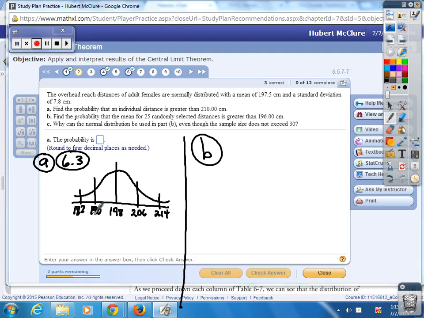All right, and they want to know what is the chances, find the probability that individual distance is what? And that's the RHS, which is what? The right-hand side. So, 210. Here's my 210. And they want to know what that average is right there.